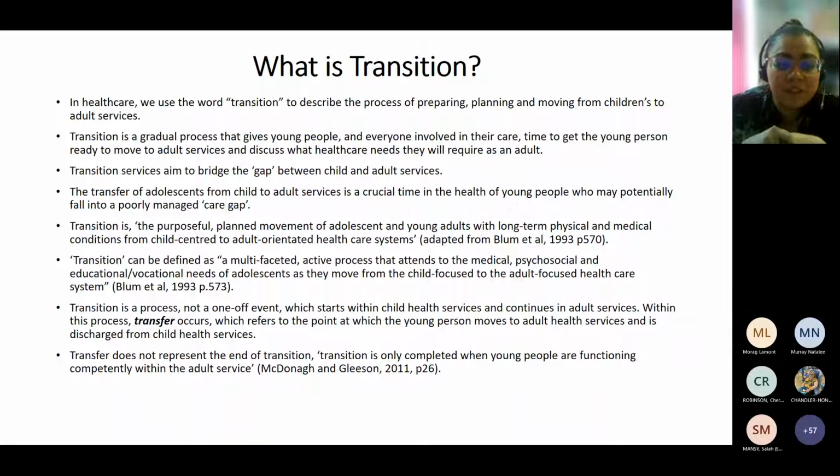And the transfer does not represent the end of transition. It's very much like, oh my gosh, I'm 18 now, I have to go to adults and this is it. We try to make it very much a process, in that the young person would still be considered in a transition process, I'd like to say, up until the age of early 20s, to whenever they feel that they're ready to take the leap and carry on themselves.